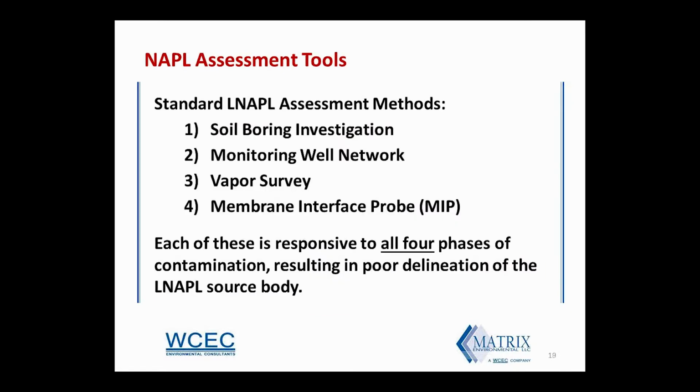The standard NAPL assessment methods are what many of us have used for many years: soil boring investigations, monitoring well networks, vapor surveys, direct sensing tools such as the MIP. All of these respond to all 4 phases of contamination. So it's pretty tough to differentiate LNAPL from other phases of contamination using these tools alone.